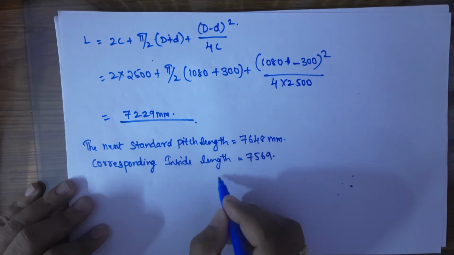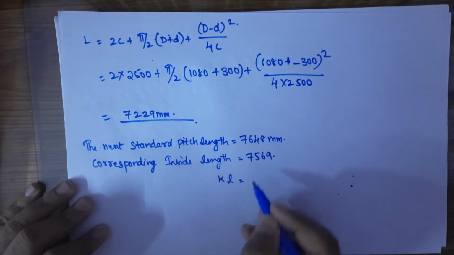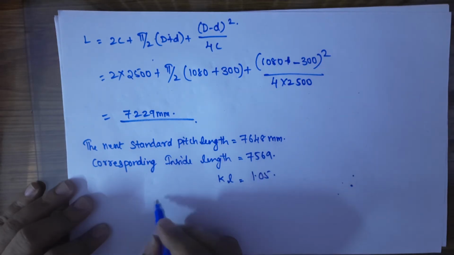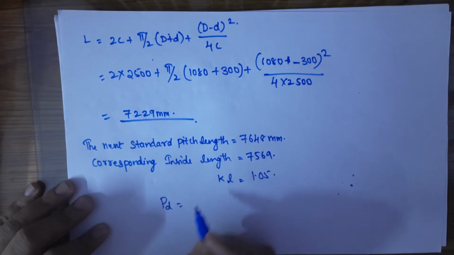Correction factor KL is equal to 1.05. So I have got all the things for calculation of design power.